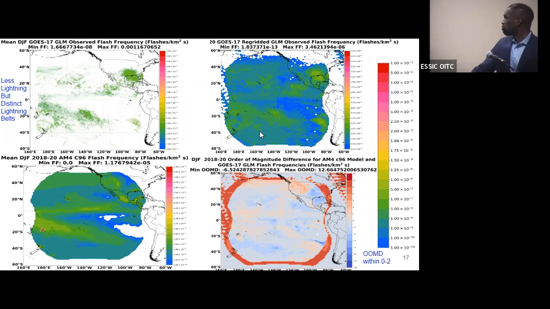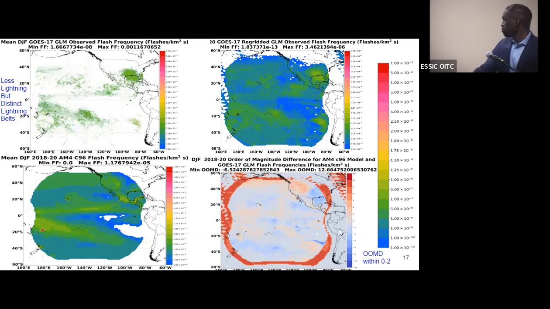Then the regridded version is here, and we have the model, which also parameterizes these belts of lightning in the tropics and Southern Pacific.